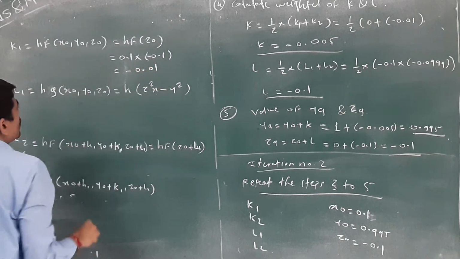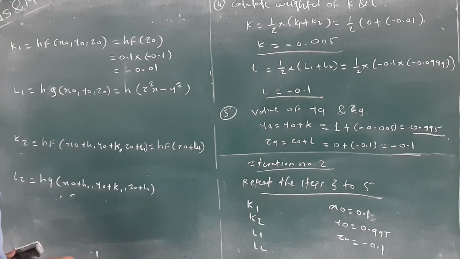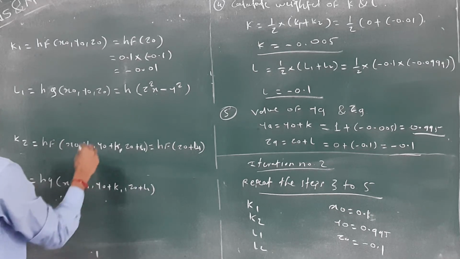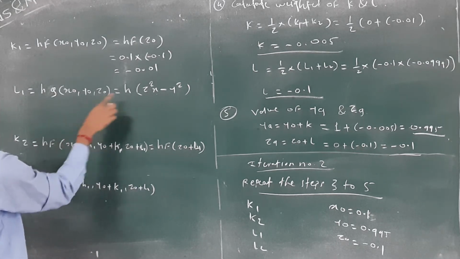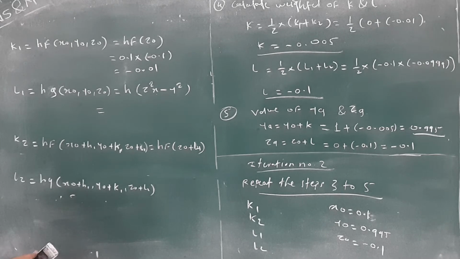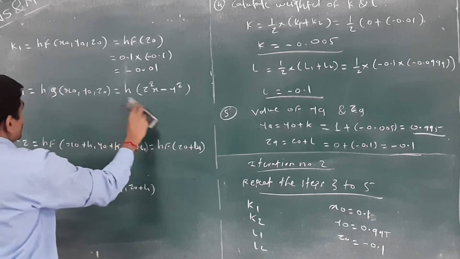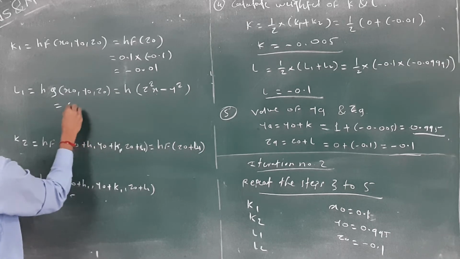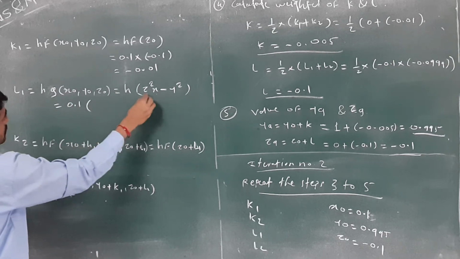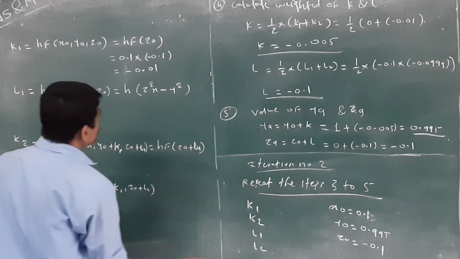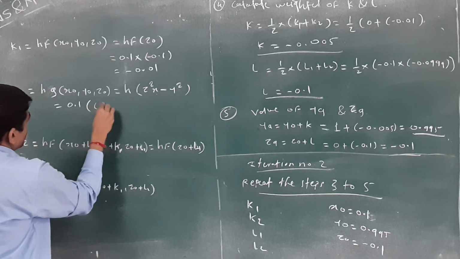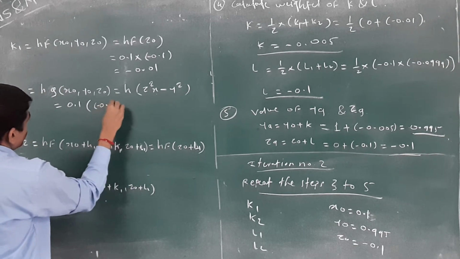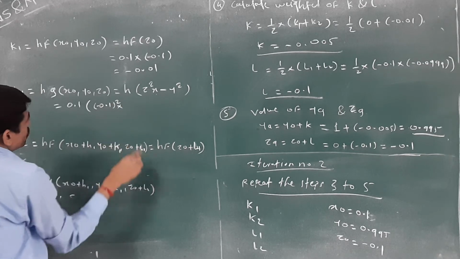What is the k1 value? Minus 0.01. Then what is the L1 value? H into z square x minus y square. Put this value in that equation. What is the h? 0.1 again. What is the z square? Minus 0.1 square. We'll write minus 0.1 bracket square into x.